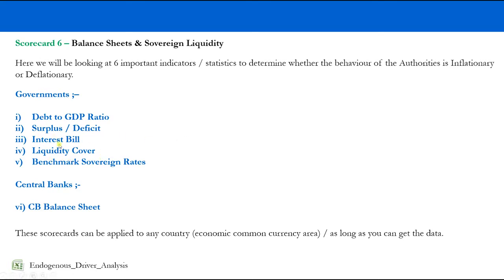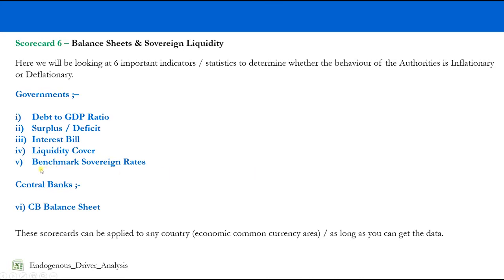We're also going to be looking at the liquidity cover, so the cover that the government has in terms of paying its bills. So that's basically litmus testing the probability of default or not through the liquidity cover. So what does the government have in order to pay its obligations?